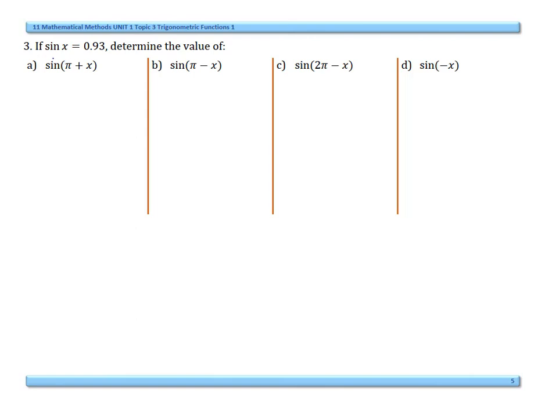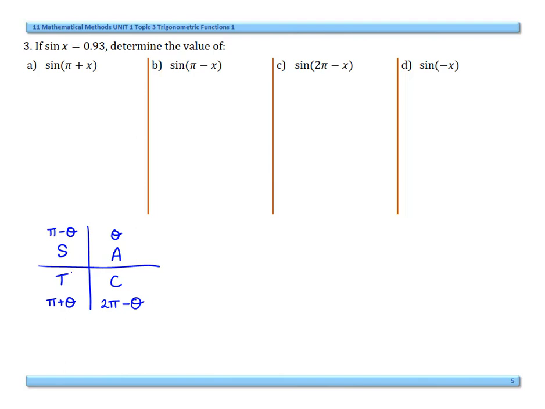Finally, if sine of x is 0.93, determine the value of sine of pi plus x. Okay, remembering in terms of our reference angle, theta, pi minus theta, pi plus theta, 2 pi minus theta, all sine, tan, cos.